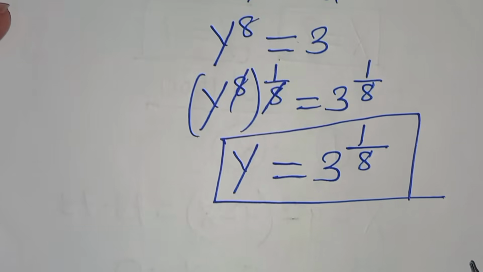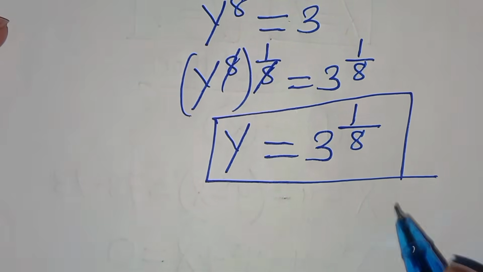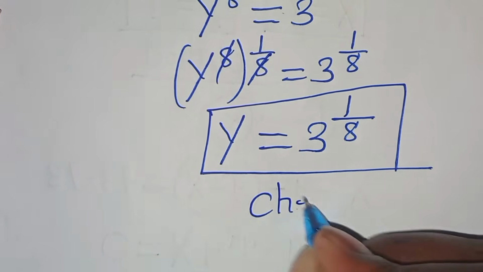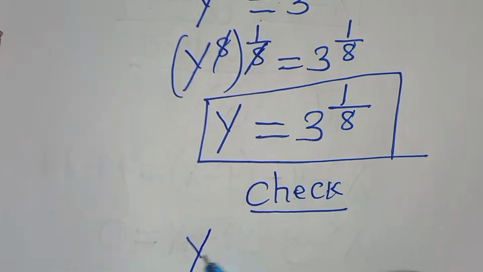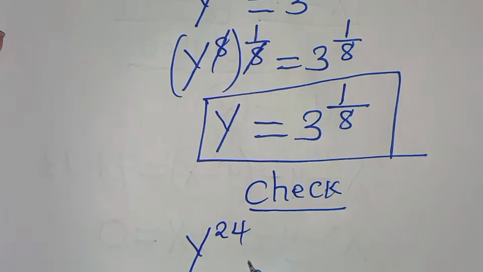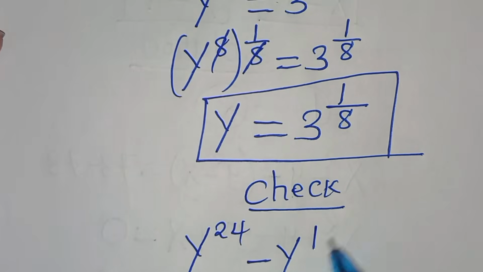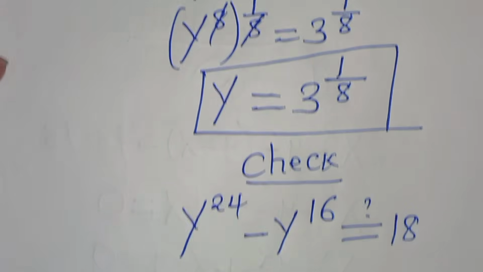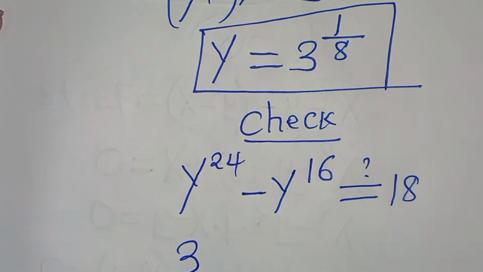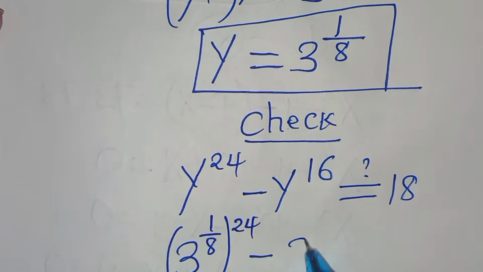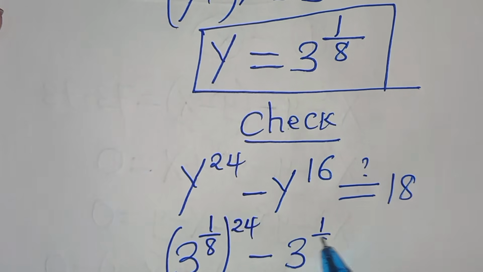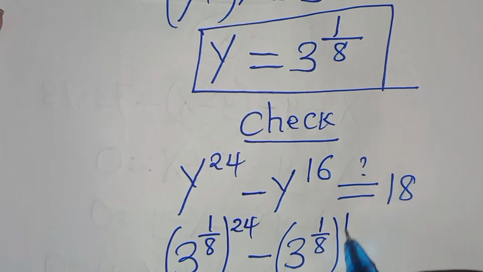The next step is to verify if this value of y satisfies the equation. Let's check from here. So we have y raised to the power of 24, subtract y to the power of 16. This should give us a value of 18. So we have 3 raised to the power of 1 over 8, raised to the power of 24, minus 3 raised to the power of 1 over 8, raised to the power of 16.